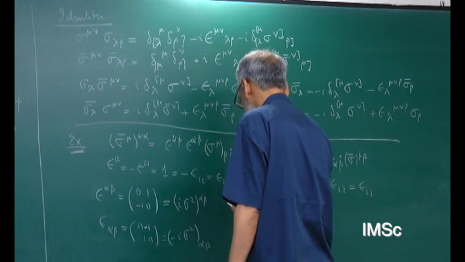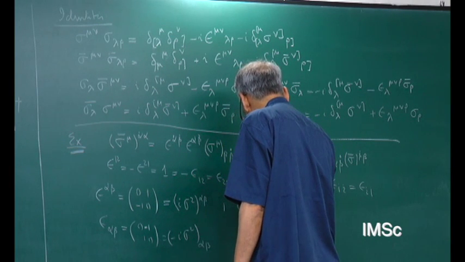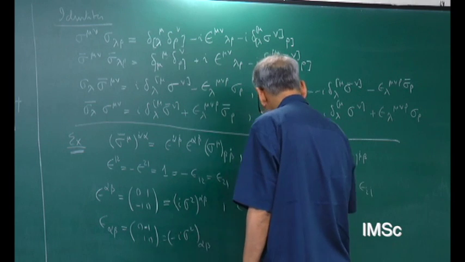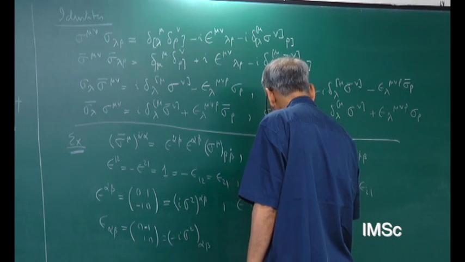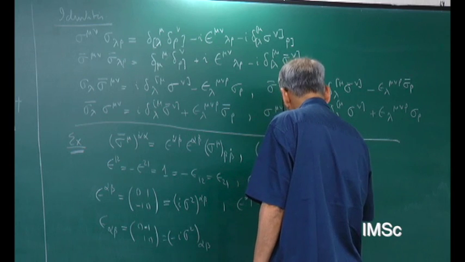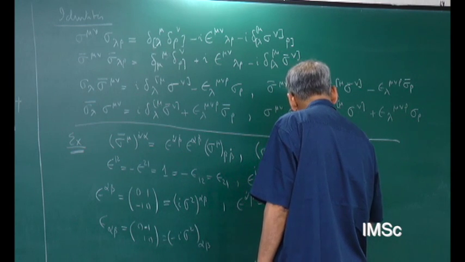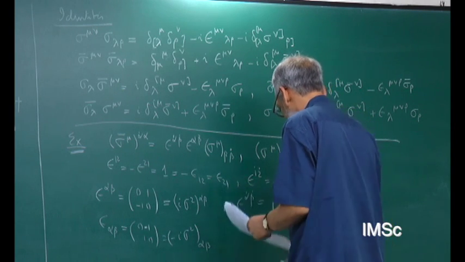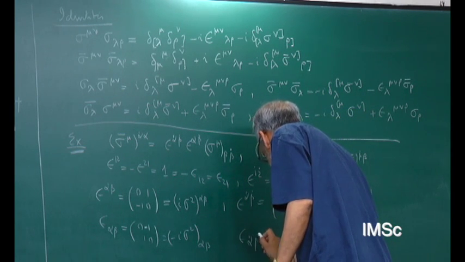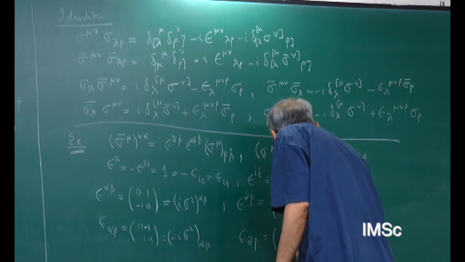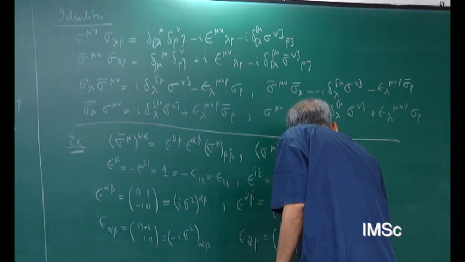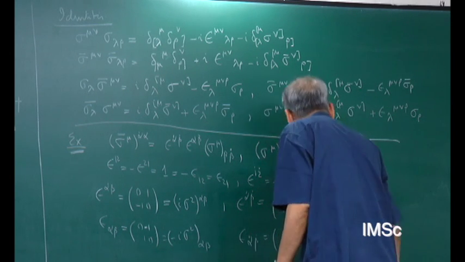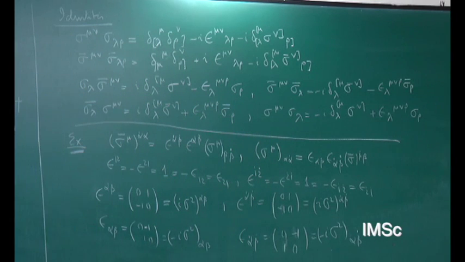And with dotted indices, epsilon alpha dot beta dot is also 0, 1, minus 1, 0, which is I sigma 2, and the inverse of this matrix is also the same. Is that clear?